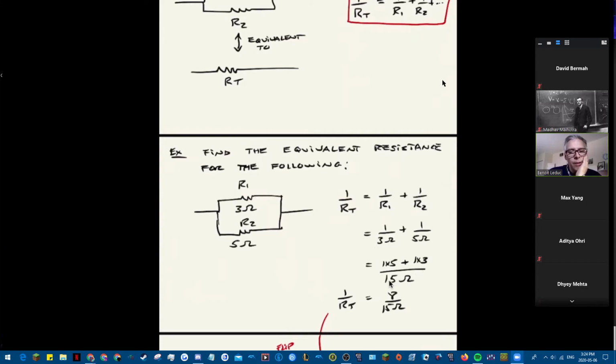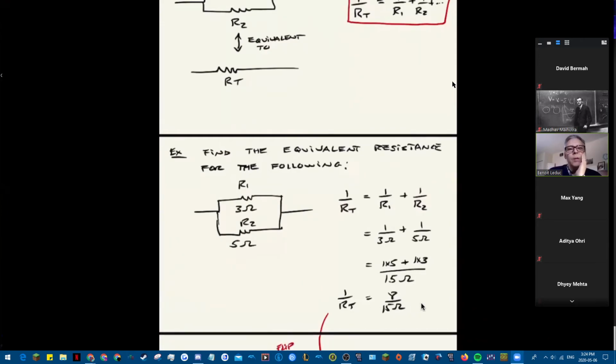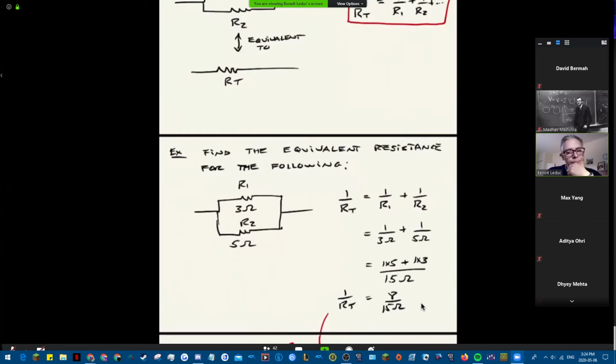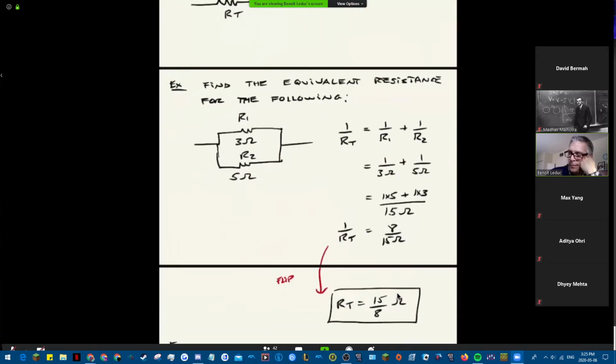Find the common factor, not necessarily the lowest, but in this case these are primes, so the lowest is 15, 3 times 5. You do this, and 1 over RT becomes 8 over 15 ohm. But don't forget, you have to flip it. So if you flip it, RT over 1 gives you RT, and this will be 15/8 ohms.